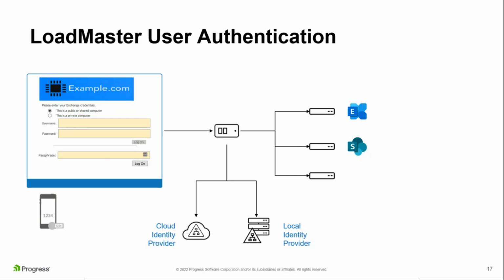Using two-factor authentication is effective against bots as they simply won't be able to satisfy the secondary challenge. LoadMaster has native support for all the major two-factor authentication providers, making integration very, very simple. And if you need, you can also further lock down access by enforcing the use of client certificates on client devices.